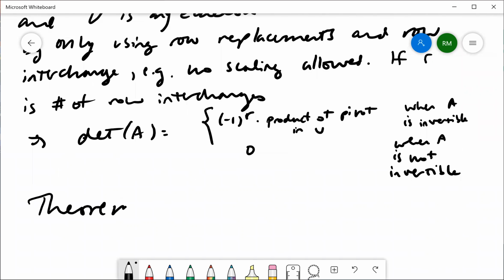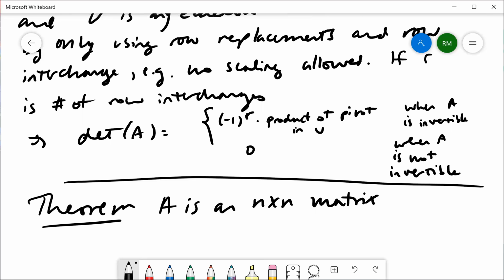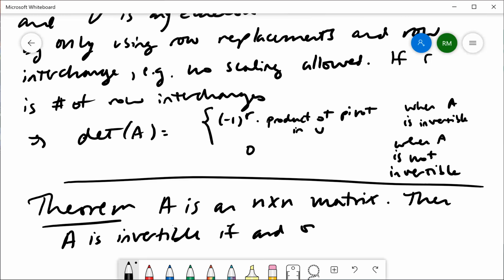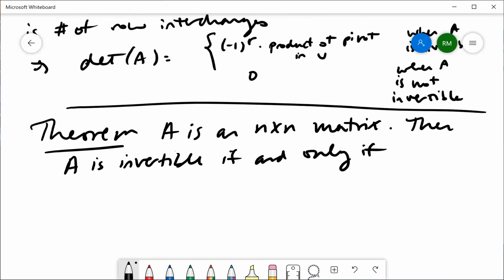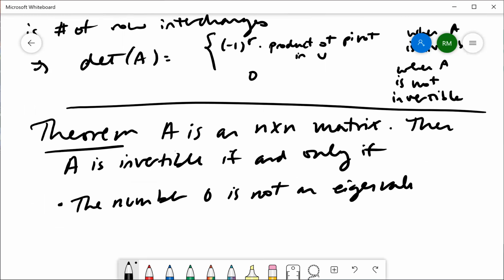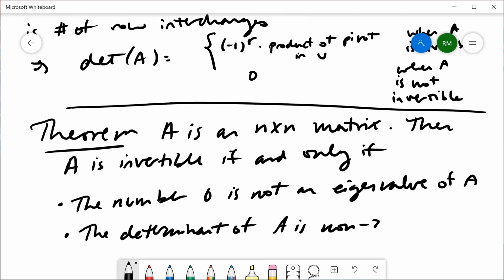So this leads us to a theorem which says if A is an n by n matrix, then A is invertible if and only if the number 0 is not an eigenvalue of A, which is equivalent to the determinant of A being non-zero.